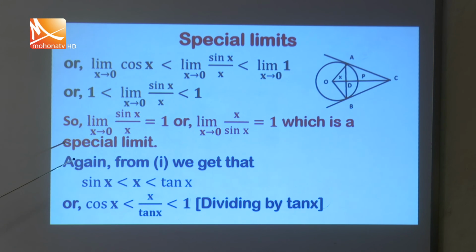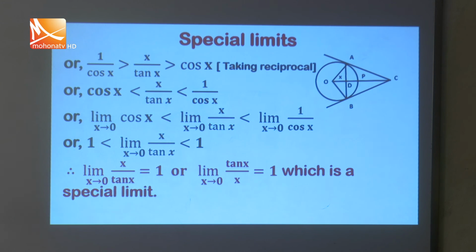Again, from sin x less than tan x, we have already determined a relation, which is relation number 1. If we divide both sides by tan x, then it will be cos x less than x by tan x less than 1. If we make the calculation as before, we get 1 less than limit x tends to 0 of x by tan x less than 1.